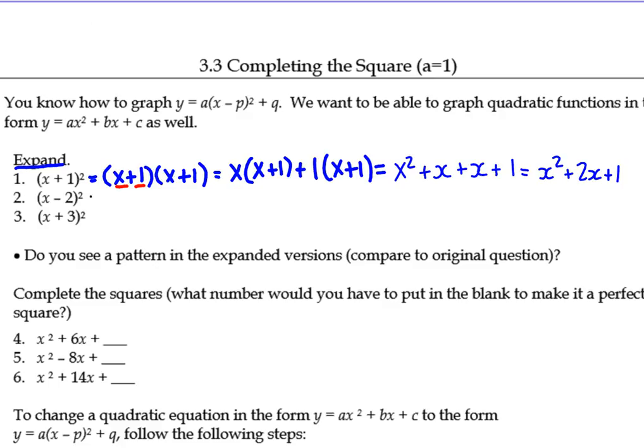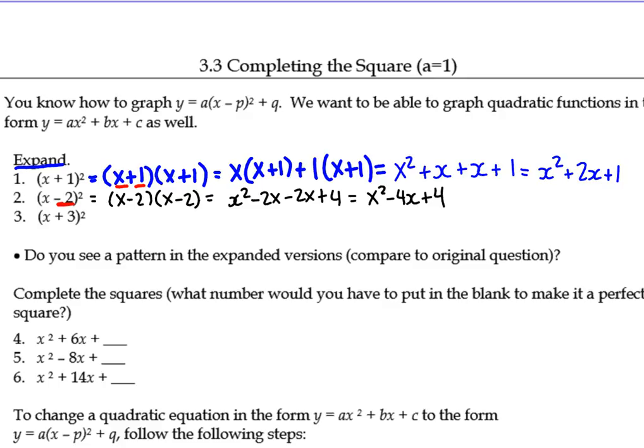Here you'd have x minus 2 times x minus 2, x squared minus 2x minus 2x plus 4, or x squared minus 4x plus 4. So notice doubling negative 2 gives you the middle term. Squaring negative 2 gives you the last term.